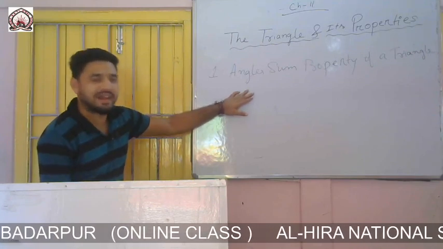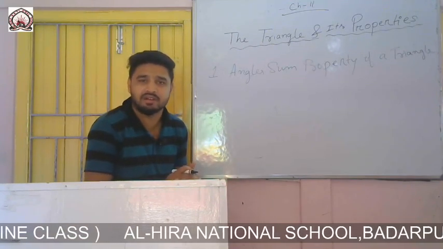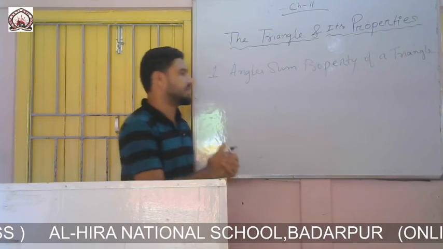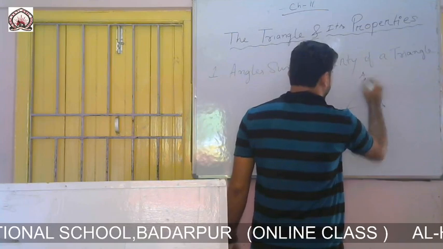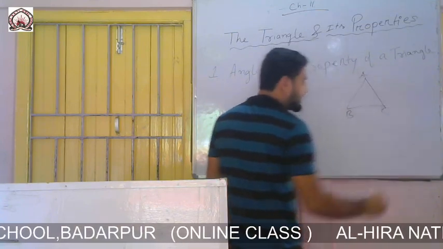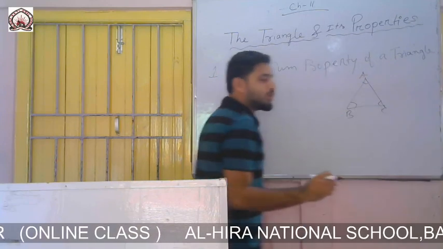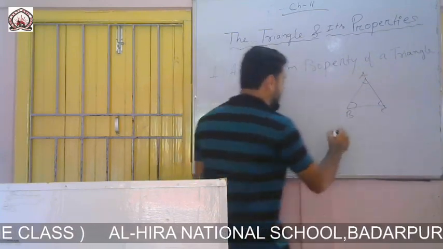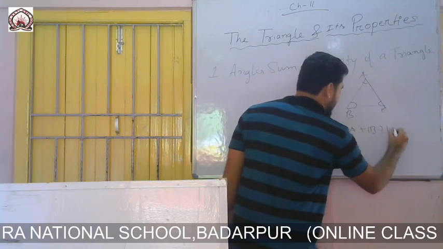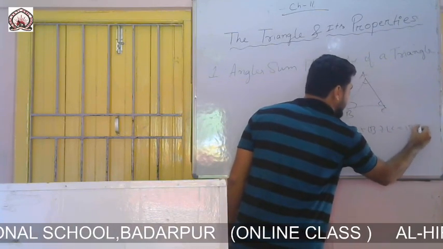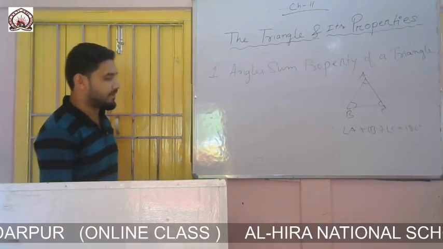This property of a triangle defines that the sum of the three angles of a triangle is always 180 degree. That means if I draw a triangle ABC, then angle A plus angle B plus angle C will be always equals to 180 degree. Therefore we can write angle A plus angle B plus angle C equals to 180 degree. So that is the first property of the triangle.